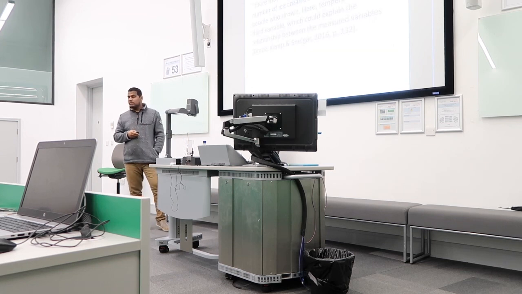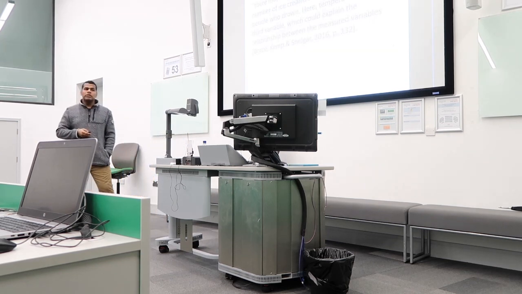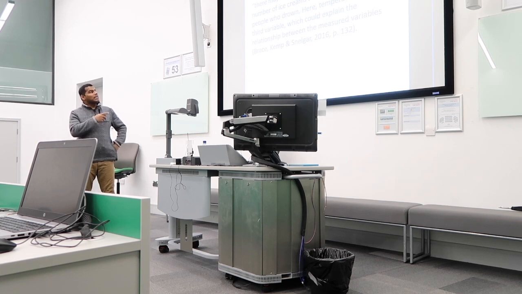Let me give you an example for more clarification. There may be a correlation between two numbers: the number of ice creams sold and the number of people who drowned. See, I'm talking about numbers, continuous variables.